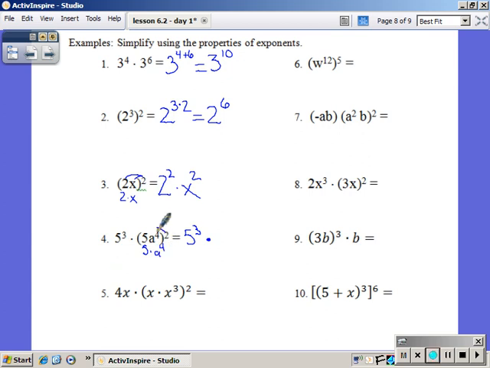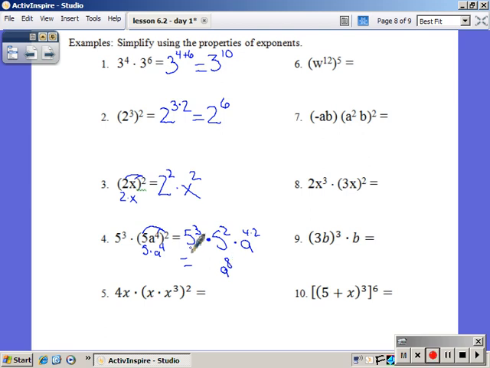Therefore, this exponent, power of a product, needs to be distributed. So the 5 is now being raised to the second power. A, already to the 4th, power of a power, multiply, just like you did in number 2, 4 times 2. So if I clean this up a little bit, that A, 4 times 2, will be to the 8th.